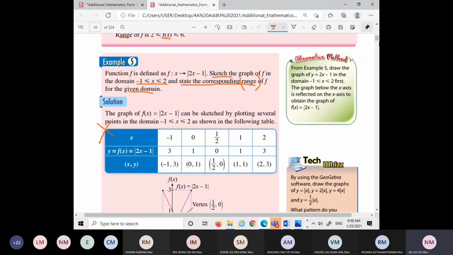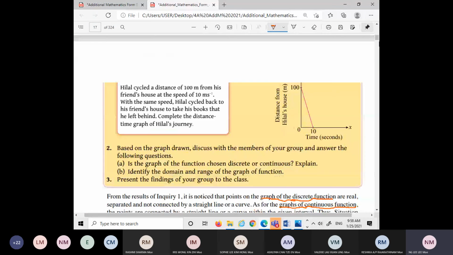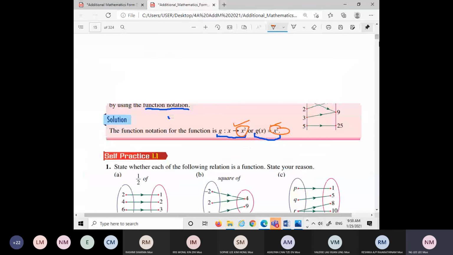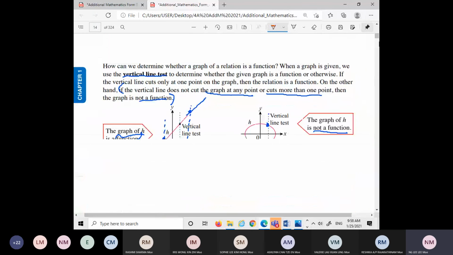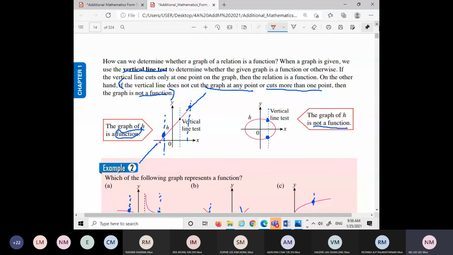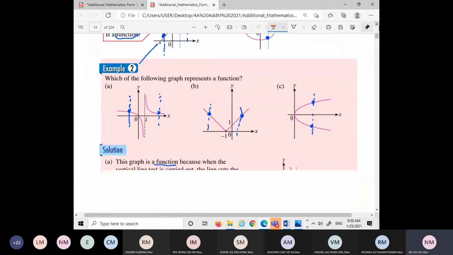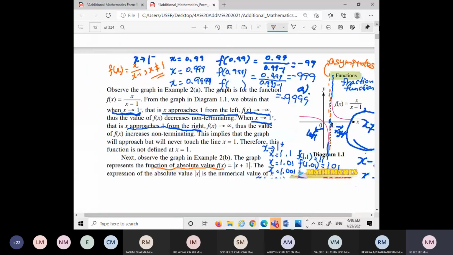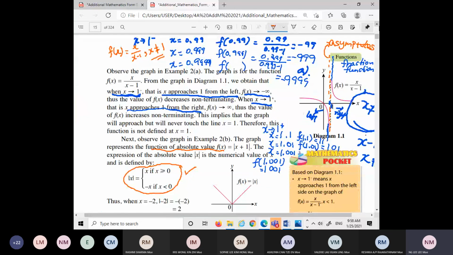This is the textbook. Okay, continue in the same book. So for those who didn't do the vertical line test yet, you do the vertical line test notes. Okay, after that, these two functions, you must write down.